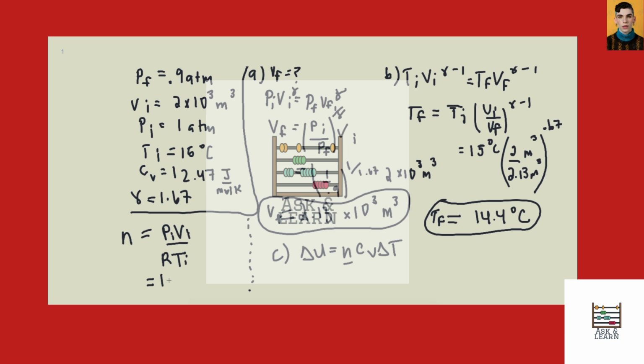Okay, so 1 ATM times 1.01 times 10 to the 5 pascals per ATM. I'm going to erase some of my little border, since I'm running out of room with all these unit conversions. Multiplied by 2 times 10 cubed. And then this whole thing, oh wow, this is getting so messy, but hopefully I can recover.